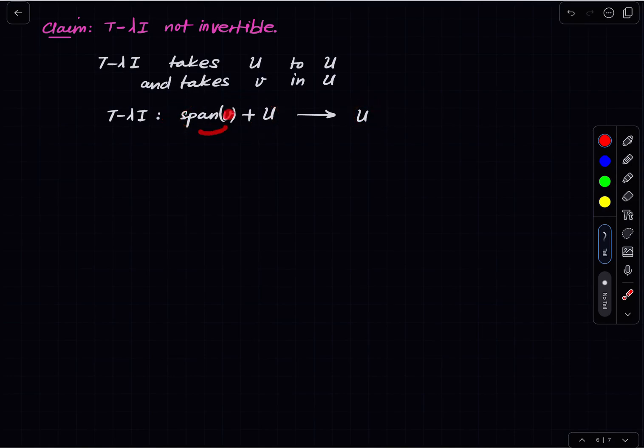Because since v is not in U, this is a three-dimensional subspace of V, and this is a two-dimensional subspace of V. So this thing takes a three-dimensional thing inside a two-dimensional thing, and hence it must have a kernel. And that shows that this is not invertible, and hence T has an eigenvalue, namely lambda, which contradicts the choice of T. T was chosen so that T does not have an eigenvalue, and this contradiction establishes our theorem, and with that, we are done.